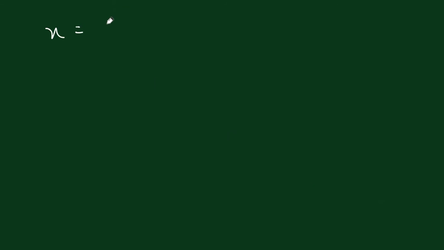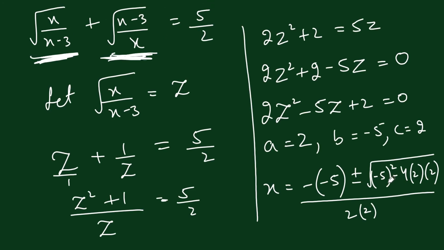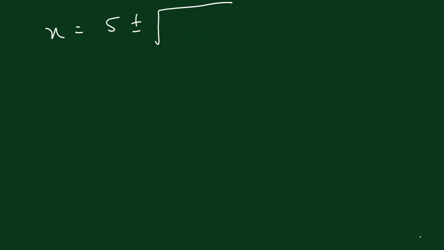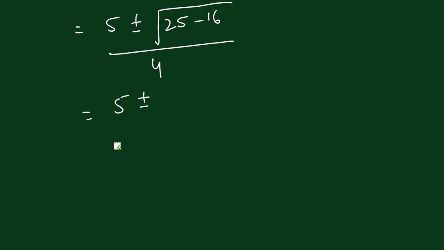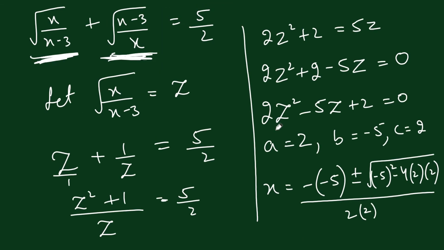So it comes 5 plus or minus under root 25, minus 4 into 2 is minus 8, minus 8 into 2 is 16. So it's 25 minus 16, whole divided by, what's in denominator? 2 into 2 is 4. So it comes 5 plus or minus, I'm sorry, this is not x, we are finding z. Z is our variable in the equation.